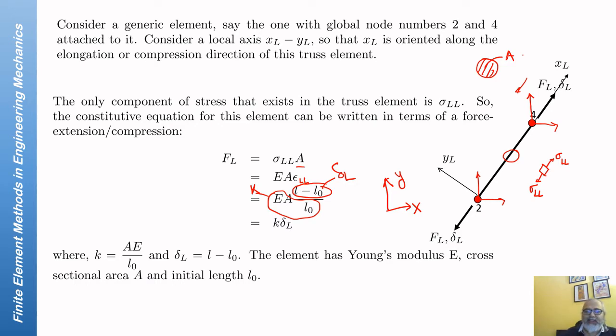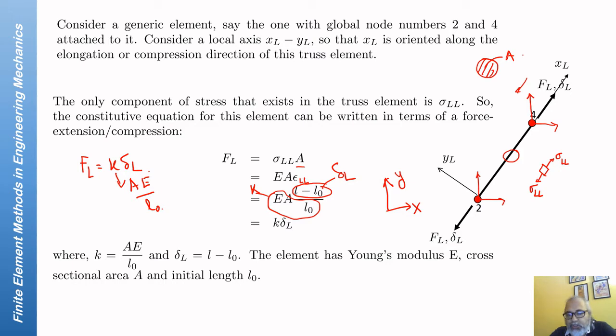So this is exactly like a spring relation. FL is equal to K delta L is a spring relation. So you can think of this as a linear spring where K is given by AE by L naught, L naught being the initial length of this truss element.